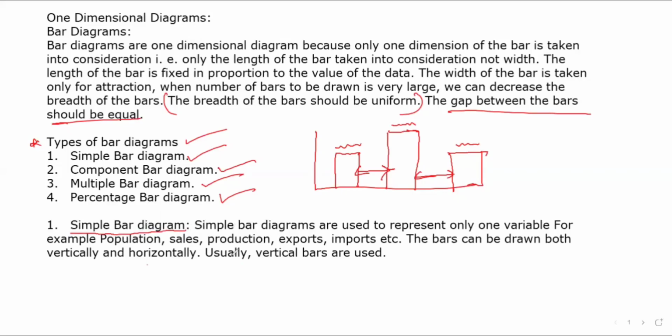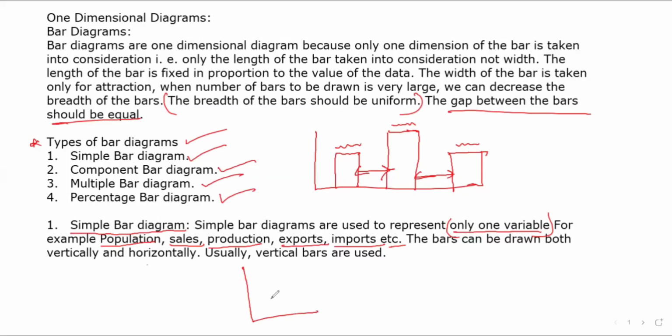Simple bar diagrams are used to represent only one variable. For example, population of any country, sales of any company or business institute, then production, exports, imports, etc. The bars can be drawn both vertically and horizontally.